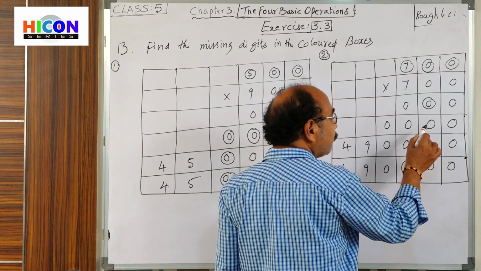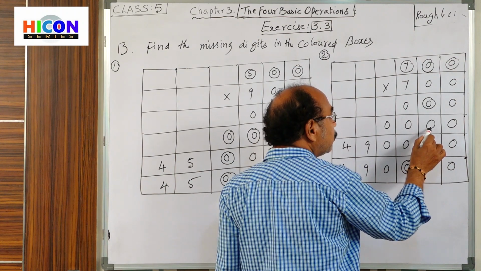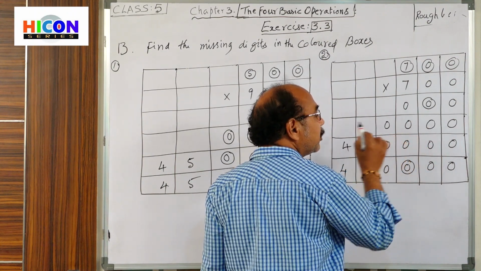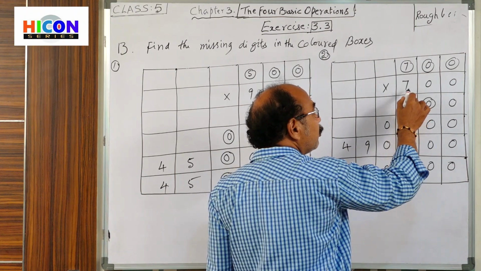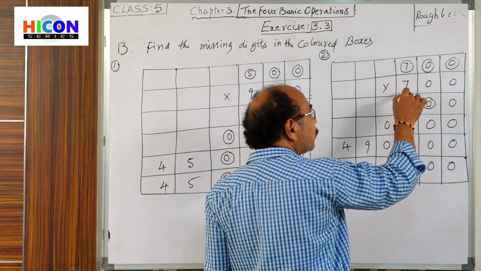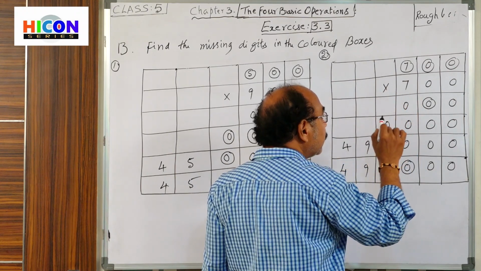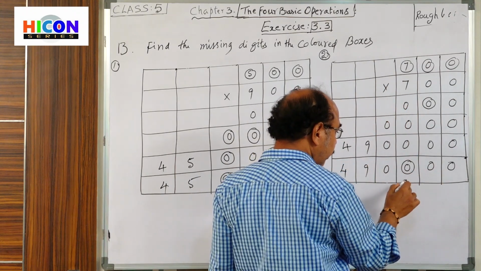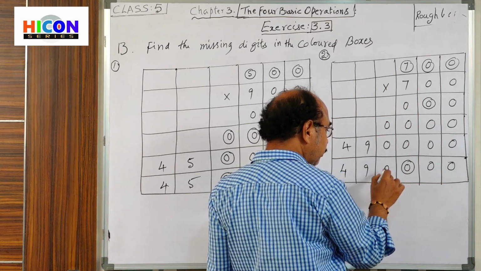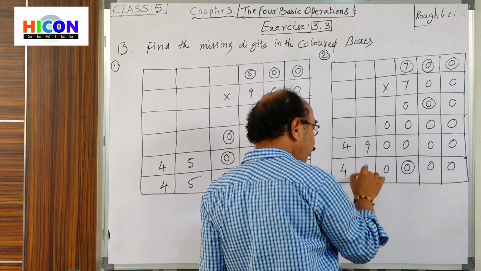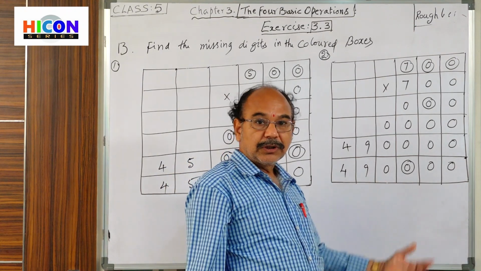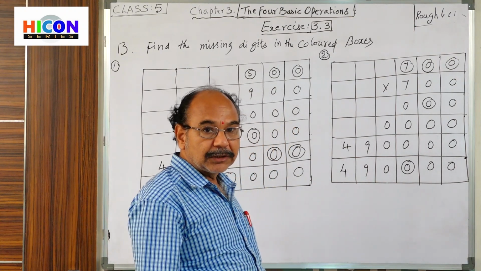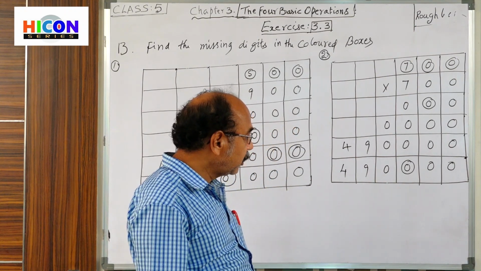Now starting from the tens place, zeros are 0, 0, 7s are 0. And if you multiply it with the hundreds digit, 7 zeros are 0, 7 zeros are 0, 7 sevens are 49. The last row represents the answer.